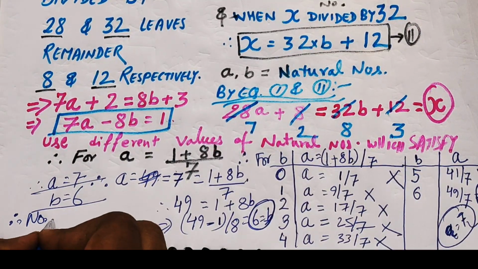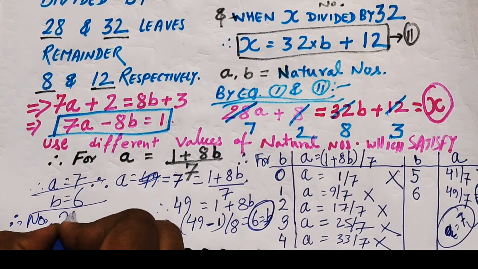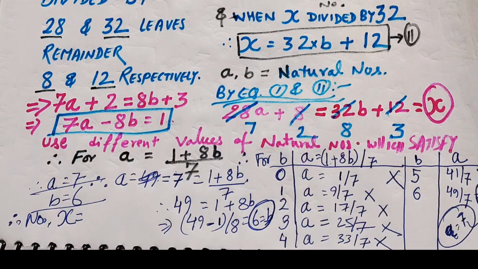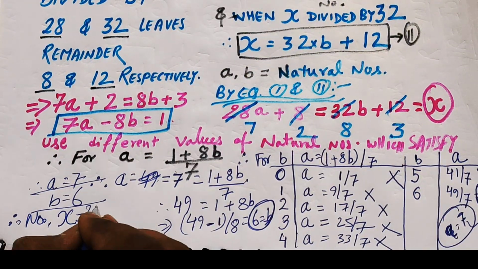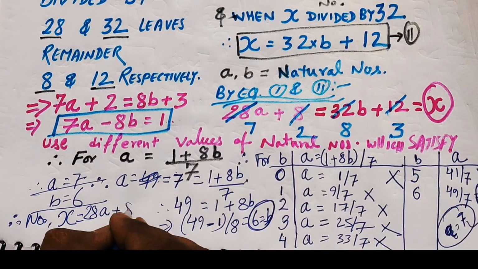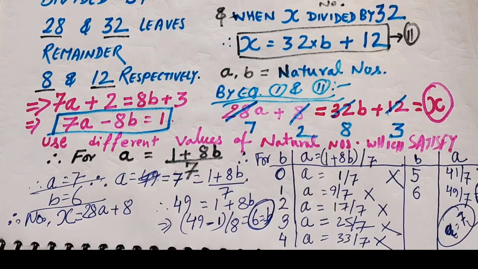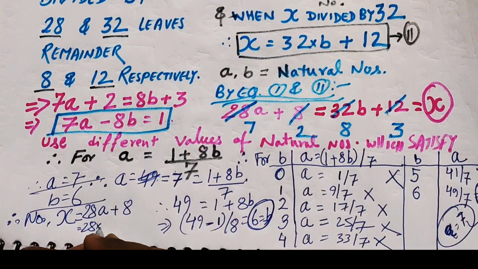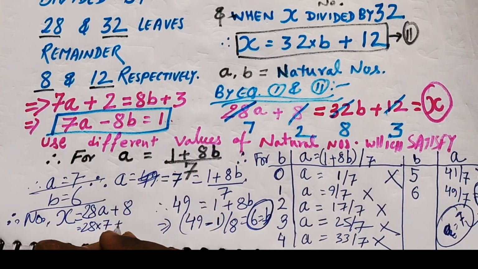That is, in equation number 1, x equal to 28a plus 8. So 28 into a plus 8, that means 28 into 7 plus 8. Write the value, 28 into 7 plus 8.